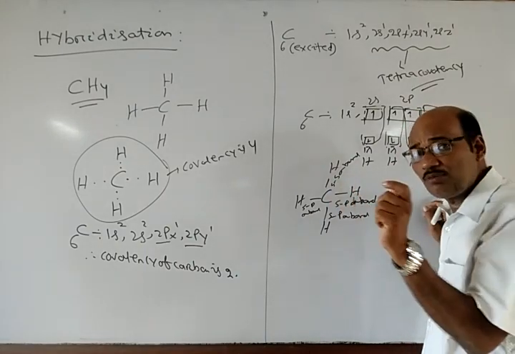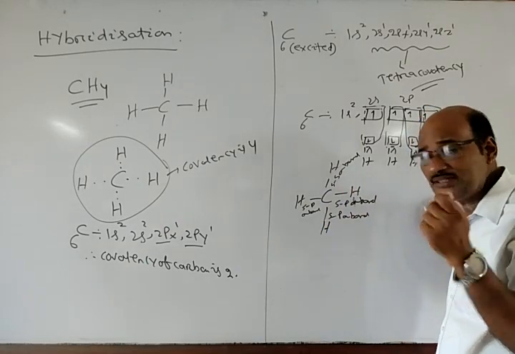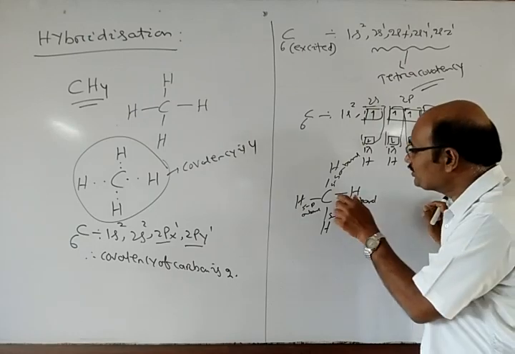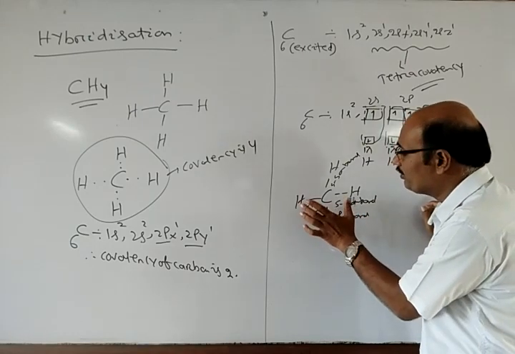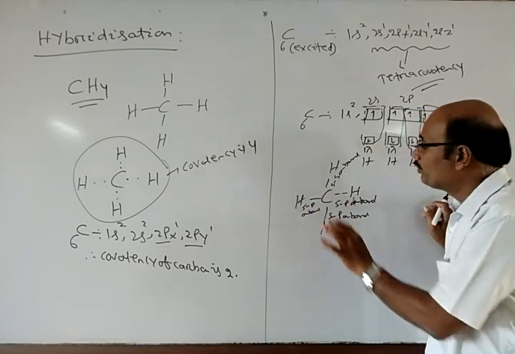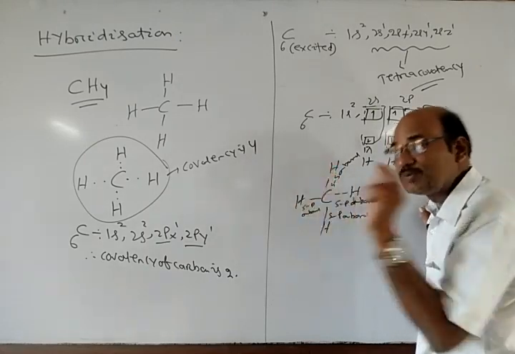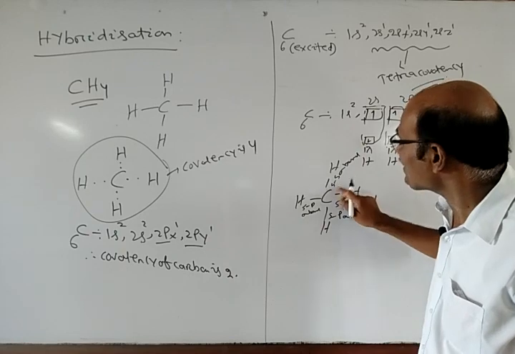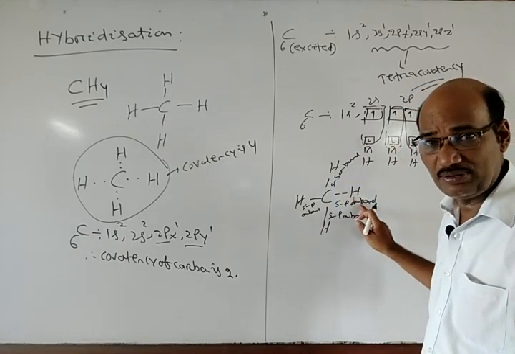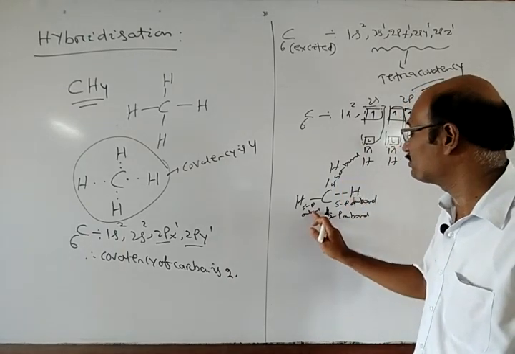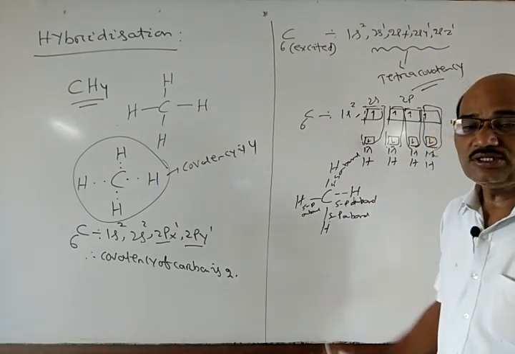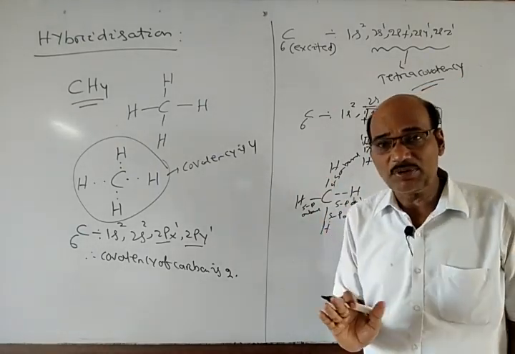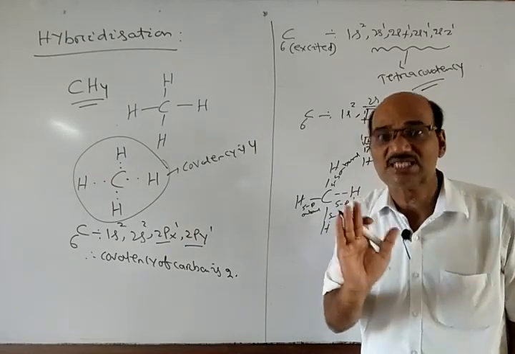If I compare the bond lengths, these 3 CH bond lengths may be equal, but this one must be different, because the nature of the ss sigma bond is different from the sp sigma bond.